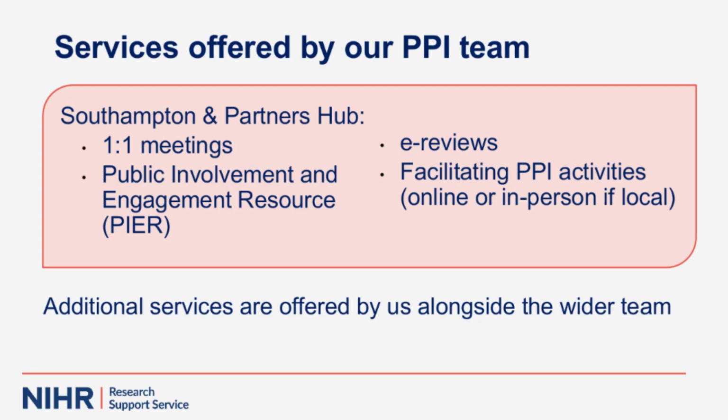We also advise on how to incorporate feedback from PPI into your application. We offer the opportunity to apply for pre-grant funding work with PPI. This is called the PEER, and I'll talk about this in more detail on the next slide.